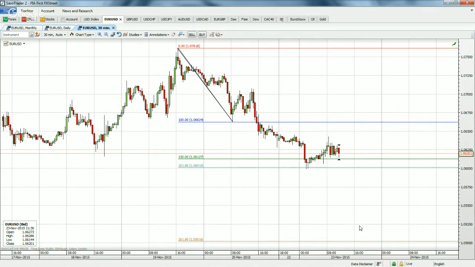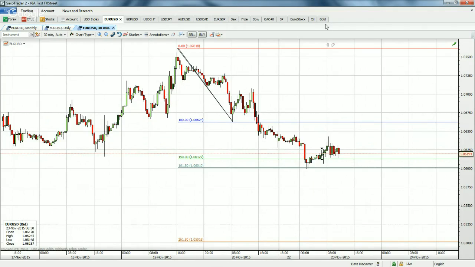It looks like there's scope for a corrective rally to the upside. So if we were to pick any of the dollar majors that we really want to be long of dollars against, it would be sterling dollar. I favour the downside in sterling dollar more than I do in euro dollar this week or probably the next two weeks. Just keep that in mind.